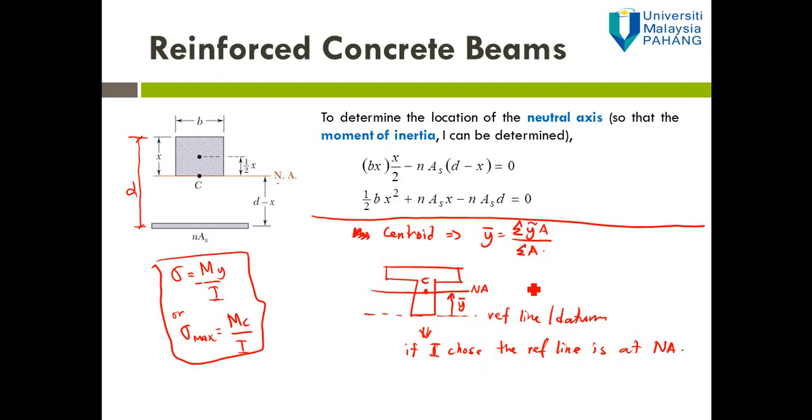Let's say you have a T shape of beam, and I don't know where the location of the centroid is, but let's say here is the centroid and that is the neutral axis, and then I choose the reference line located at the neutral axis.